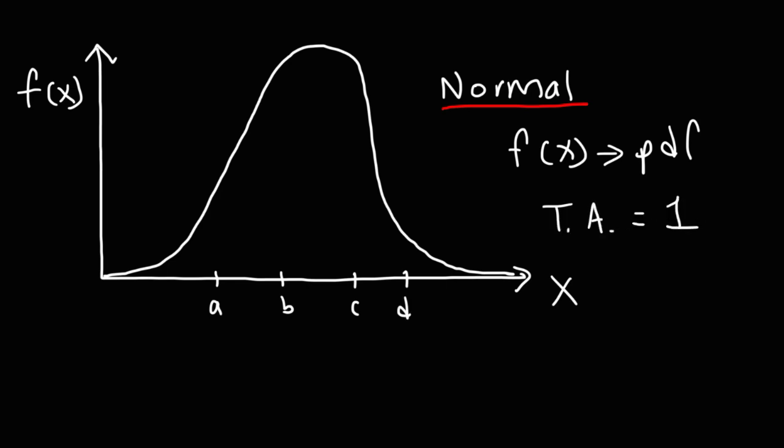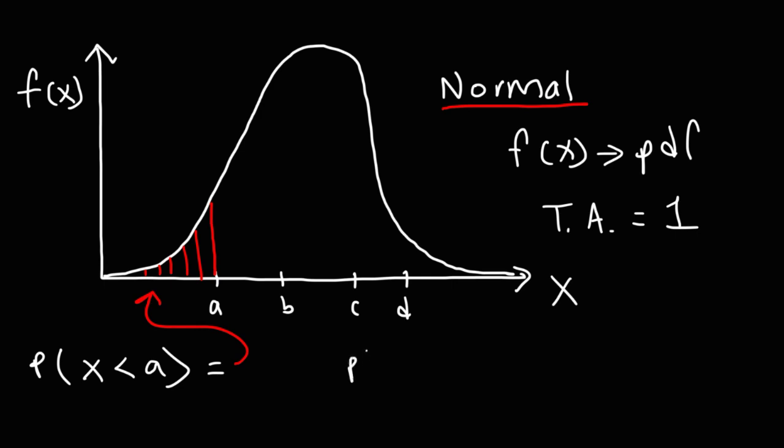That's 1. Let's say if we wish to calculate the probability that x is less than a, how would you do it? What you need to do is calculate the area under the curve of everything to the left of A. So it's going to be the area of the region shaded in red.